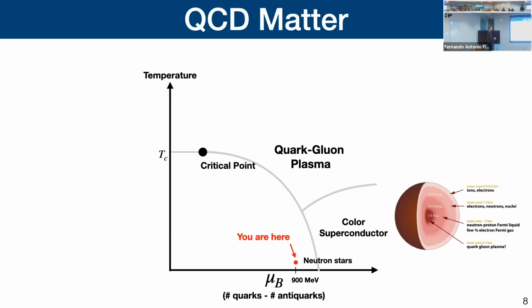So if I plot this here where I have temperature on the y-axis, we're somewhere near the bottom over here, and we're at 900 MeV of this value known as the baryon chemical potential. If you're not familiar with what the baryon chemical potential is, you can think of it as the number of quarks in your system minus the number of antiquarks in your system. So the excess of quarks is similar to that. So we live here in this phase diagram of quark and gluon matter.